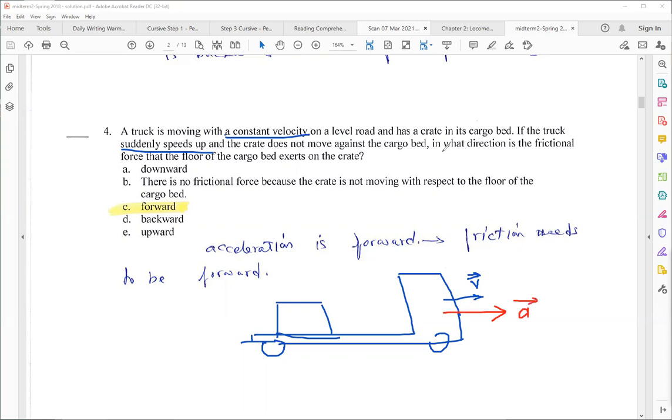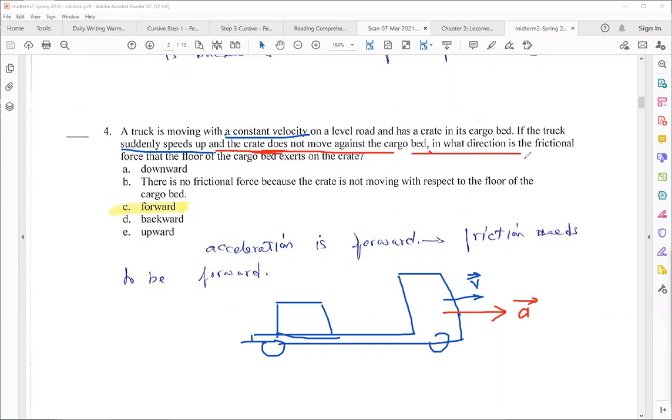Now, here, in what direction is the frictional force? Well, sorry, we skipped something. When the truck is speeding up, the crate does not move against the cargo bed. We're saying if that's the case, in what direction is the frictional force that the floor of the cargo bed exerts on the crate?